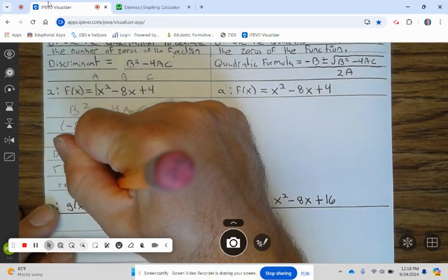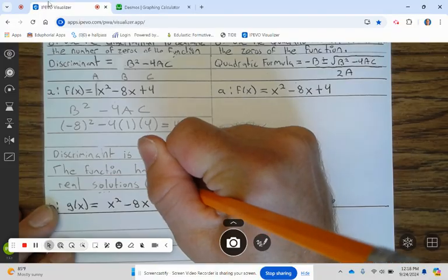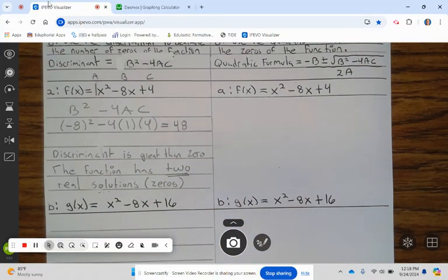Let's use the word solutions. Okay. All right, go ahead and finish up A.